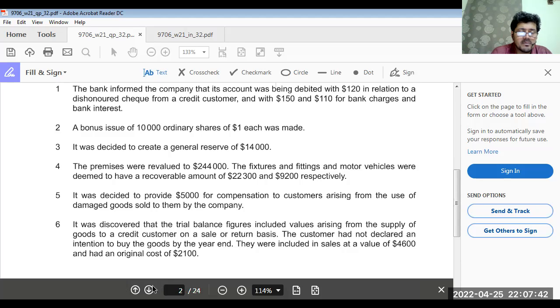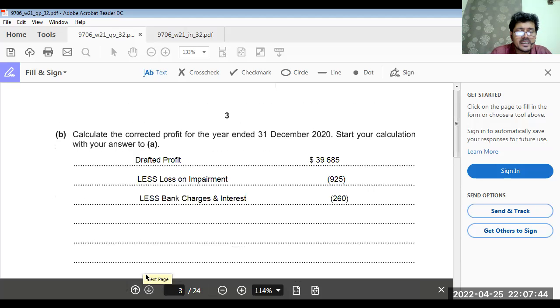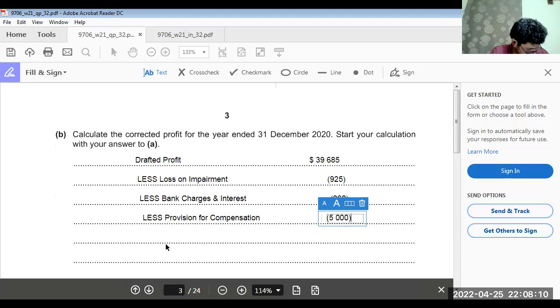So this compensation is going to be deducted over here: less provision for compensation. This is 5,000. What's next?